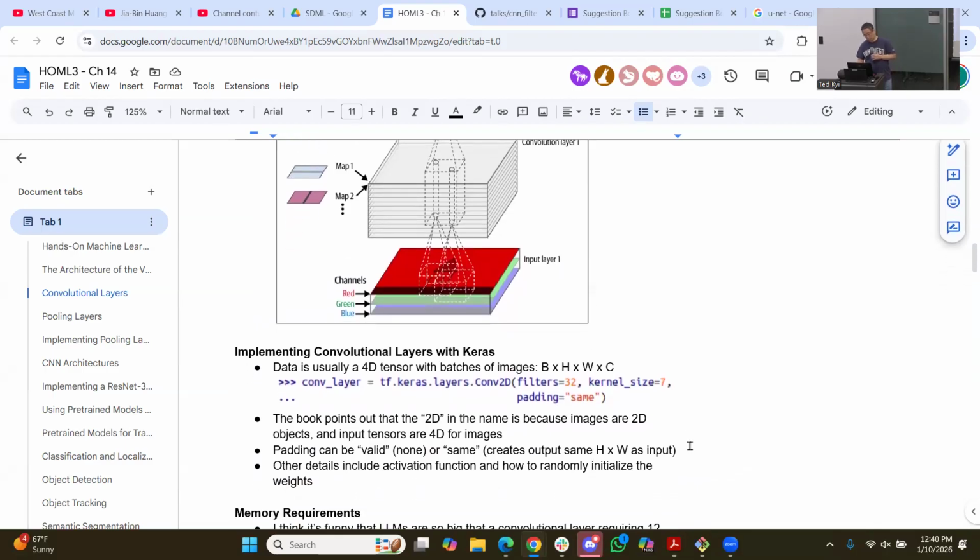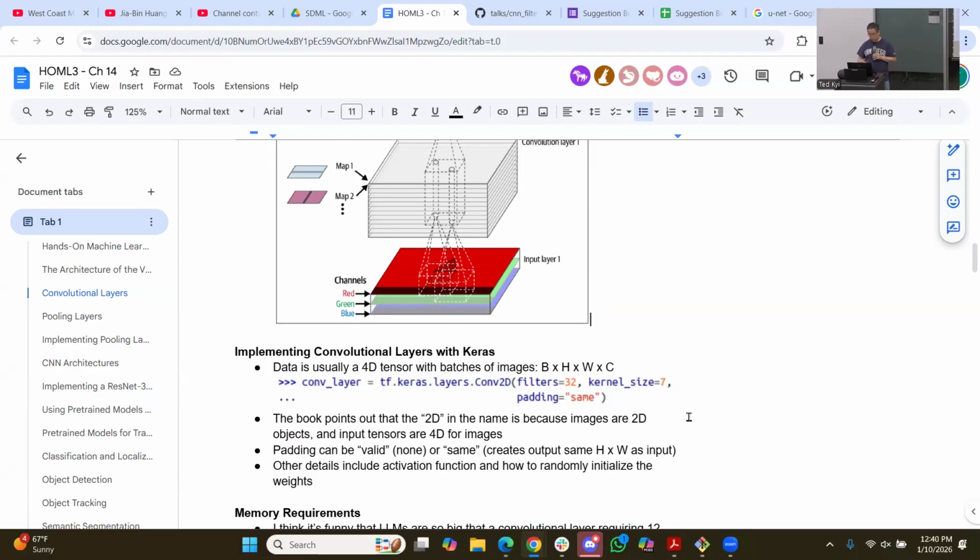When you're working in code, the image usually comes in as a 4-dimensional tensor. We know we have height and width on an image, and we have the number of channels, which starts at 3, and we're going to grow it. But we also have the option to process a batch of images, so we could process more than one. That's why we have this 4D tensor.